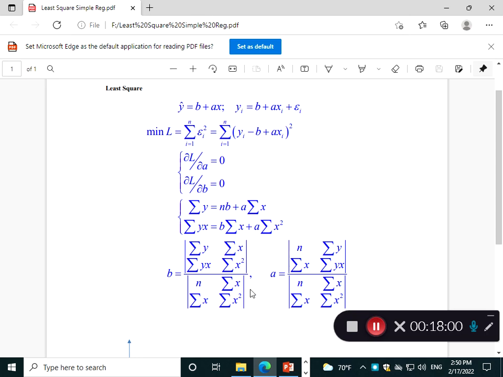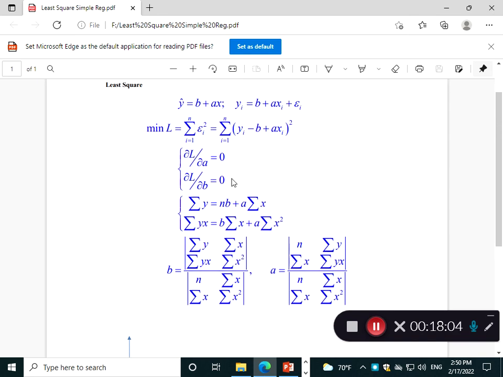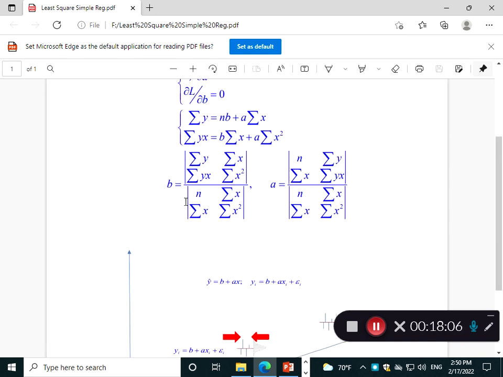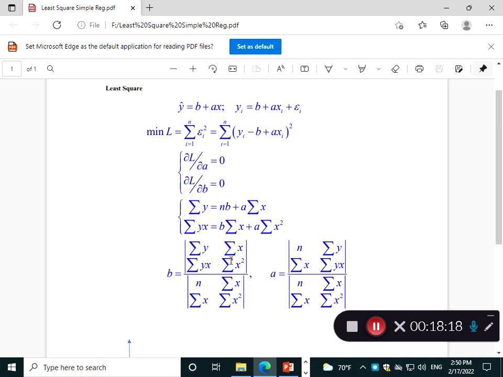Okay, so A term and B term, now you have the same denominator. The denominator is how X varies by itself. And on top of that, you have two different types of replacement.